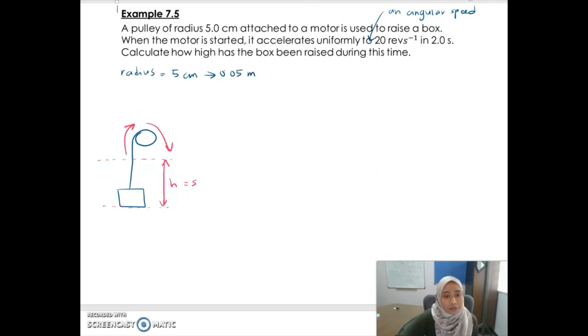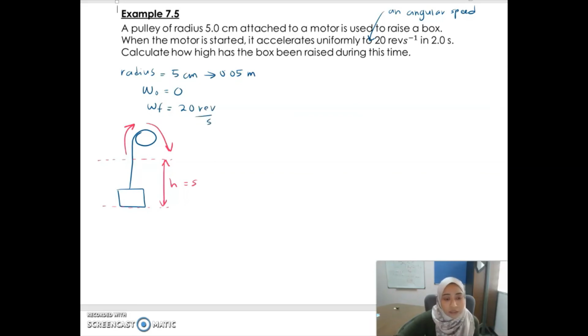I start from rest. When the motor is started, it means that before that it wasn't moving, it had no speed, right? So your initial angular velocity is just 0. Then you reach omega final of 20 revolutions per second.